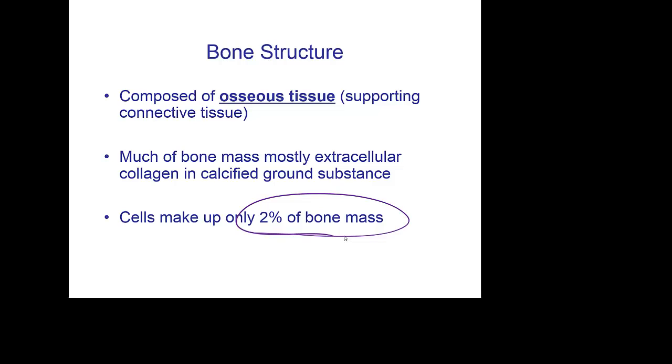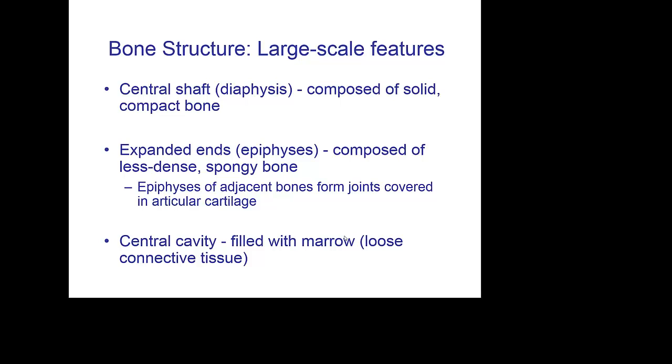And the reason is because the cells form structure. So they're going to give us structures such as this diaphysis that I have here, the central part of your bones, or the epiphysis we look at as part of our less dense spongy bones, and I'm going to show you the difference in a minute.